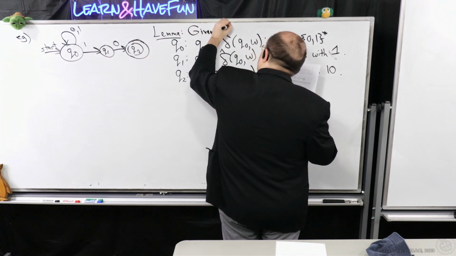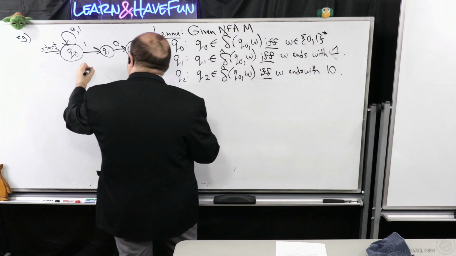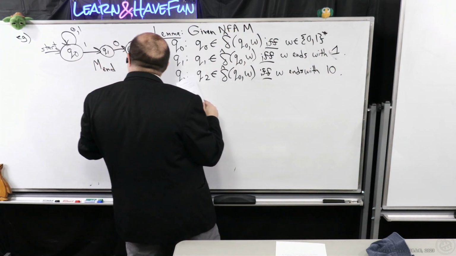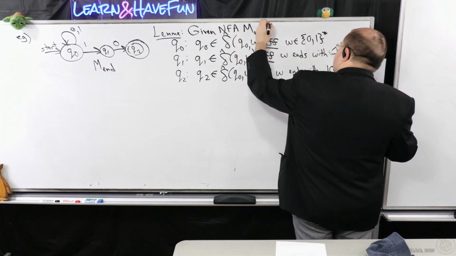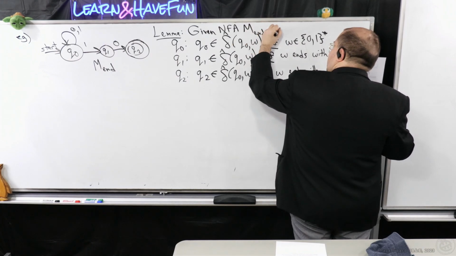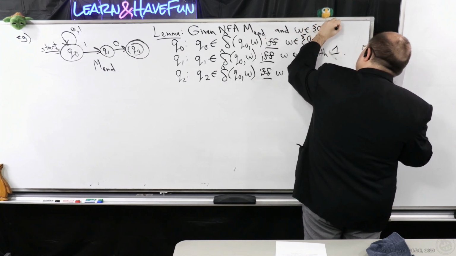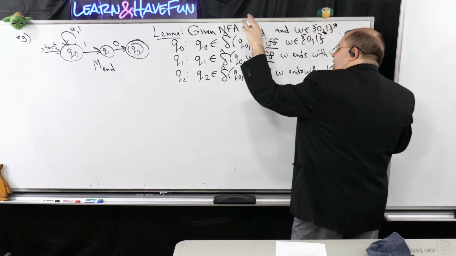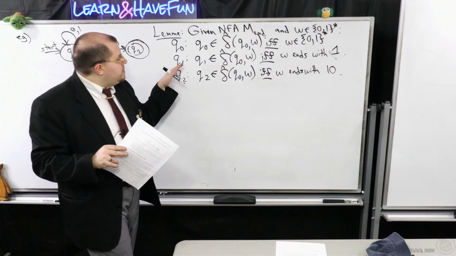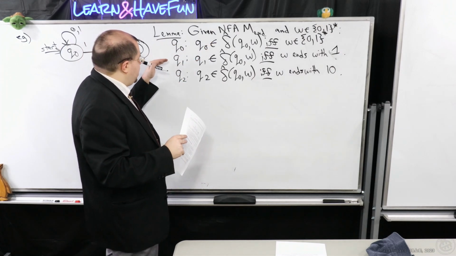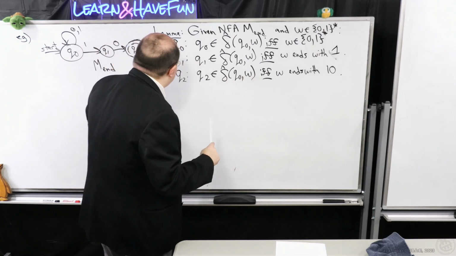So given NFA M, but I'll refer to this just in our proof as M_N, just to keep it simple for us, and W, which is some binary string. This is true for M. So upon processing string W, if you're in Q0, it has to satisfy this. Q1 satisfies this. Q2 satisfies that. That's the claim.